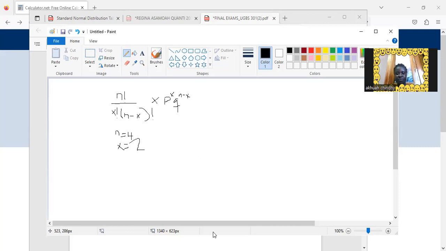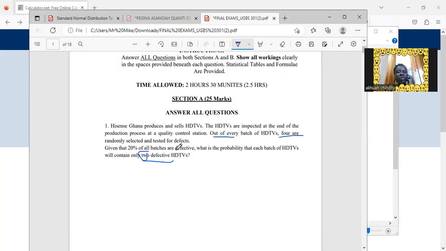Then when we come back to the question, it says, given that 20% of all batches are defective. And I said that the p is the probability that relates to the x. So the x was to find 2 defective. That means you're looking for the probability that there will be a defective, and in the question, the probability that there will be a defective in the batches is 20%.